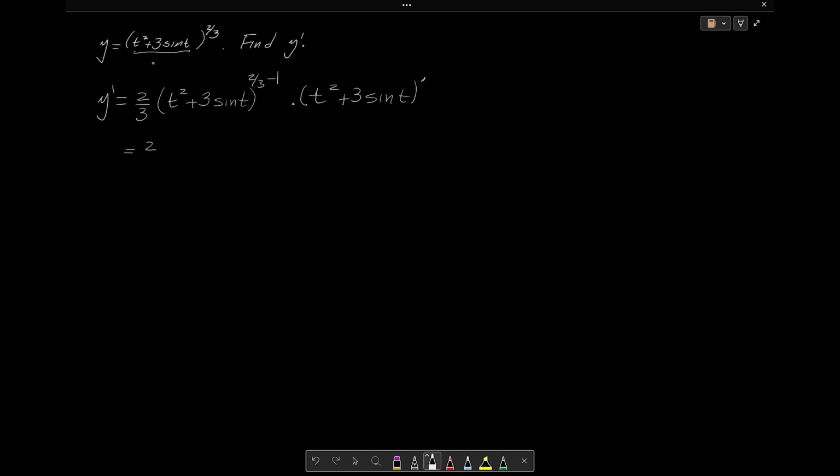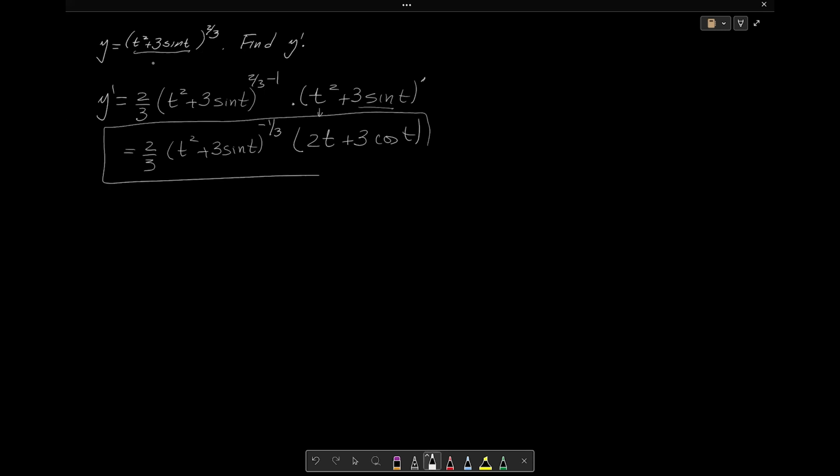So now here we have 2/3 t squared plus 3 sine t to the 2/3 minus 1, which is -1/3. The derivative of this is the derivative of this plus the derivative of this. So the derivative of t squared is 2t plus 3 comes along for the ride. The derivative of sine t is cosine t. And we are done. We cannot simplify this anymore. Now you may want to bring this down to make it a positive exponent, but that's trivial.